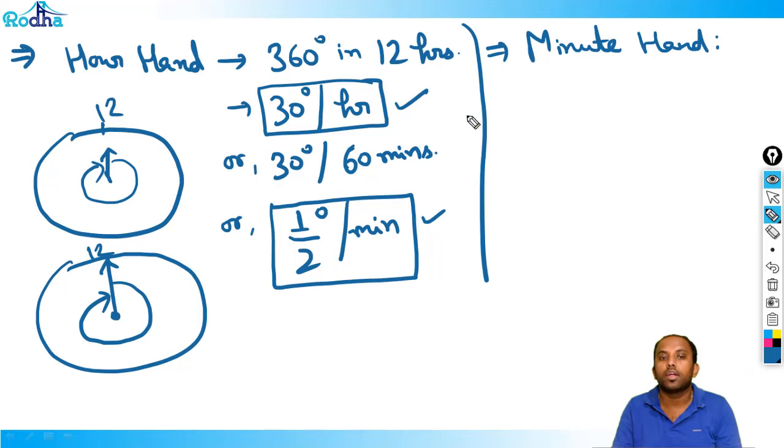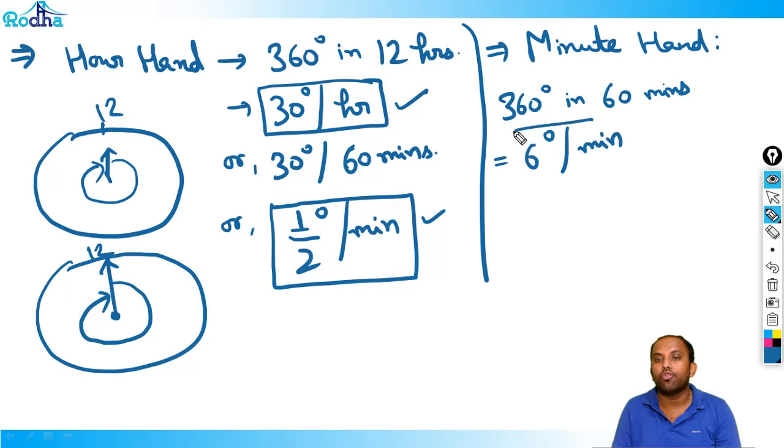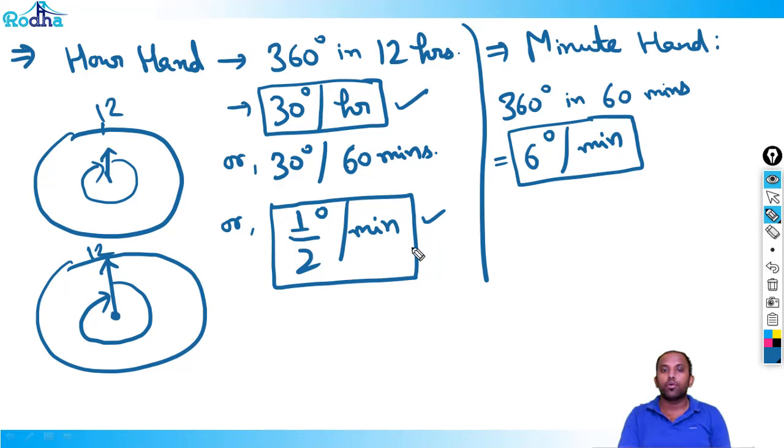So 360 degrees in 60 minutes means 6 degrees per minute. The speed of the minute hand is 6 degrees per minute, and the speed of the hour hand is half a degree per minute.